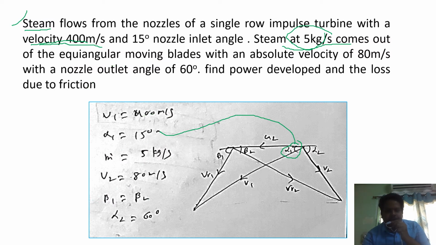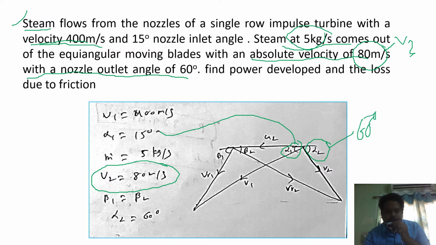The remaining data is with an absolute velocity of 80 meters per second and with a nozzle outlet angle of 60 degrees, which means the absolute velocity at the exit V2 is 80 meters per second. The nozzle outlet angle means alpha 2, and alpha 2 is 60 degrees. So this is the given data.